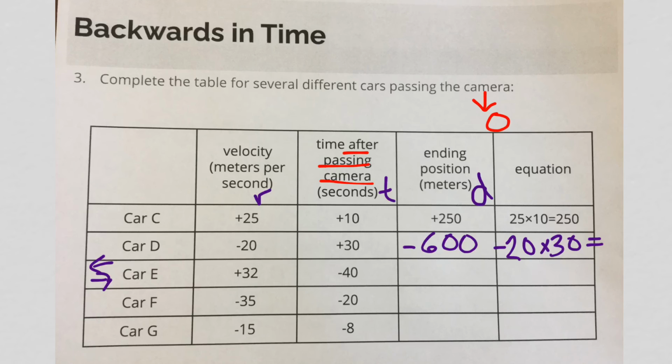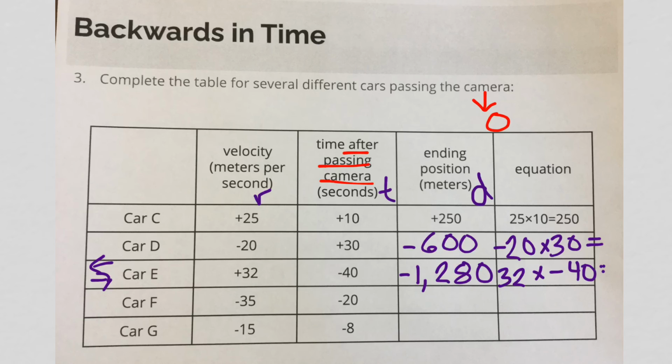So negative 40 times 32 puts that before we hit the camera. We are at negative 1,280. So because we're going backwards in time, we're thinking about what happened before we hit the camera.